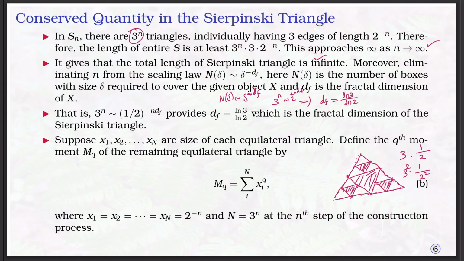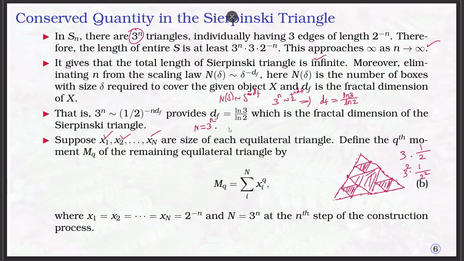Now we will define the moment for each triangle. Suppose x1, x2, xn are the sizes of each equilateral triangle after the nth iteration. After the nth iteration, how many triangles do we have? 3 power n triangles.